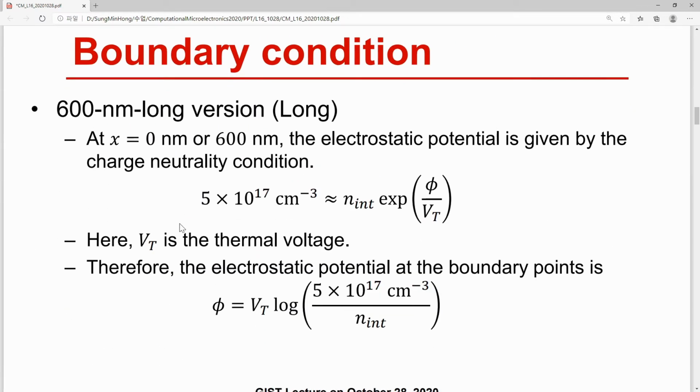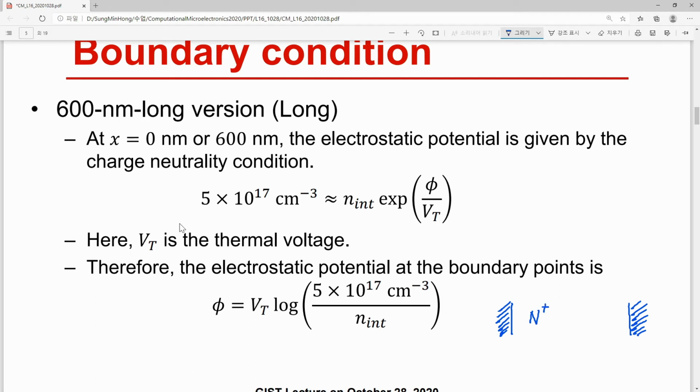We have to talk about boundary conditions. So how can we consider the boundary condition? Where is the boundary? Since the device is still one-dimensional, here we have one contact and the other contact. Here we have a heavily doped n plus region and also a heavily doped n plus region, and here we have a lightly doped n region. So here we have a metal semiconductor contact and a metal semiconductor contact, and these contacts are regarded as ohmic contacts.